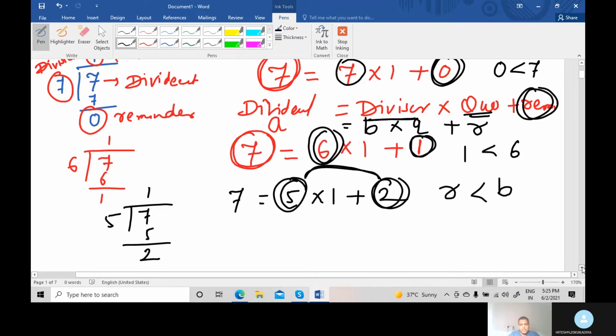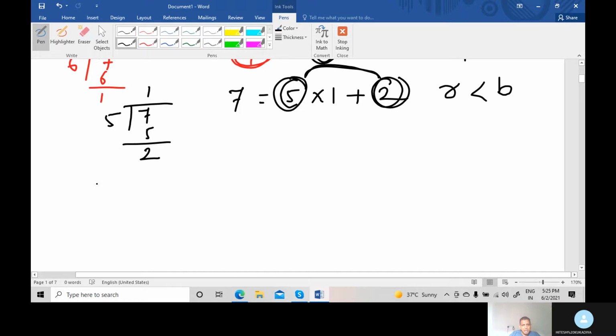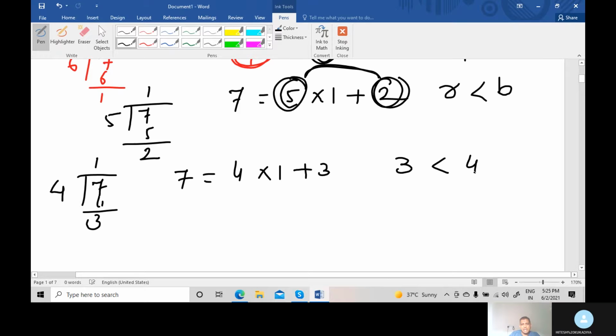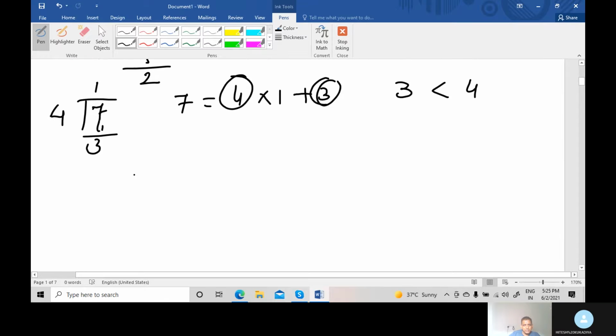Okay. Now continue. 7 divided by 4. 4 ones are 4, remainder 3. So 7 equal to 4 into 1 plus 3. Here 3 is smaller than 4. The remainder is smaller than divisor. Now 7 divided by 3. 3 twos are 6, remainder 1.